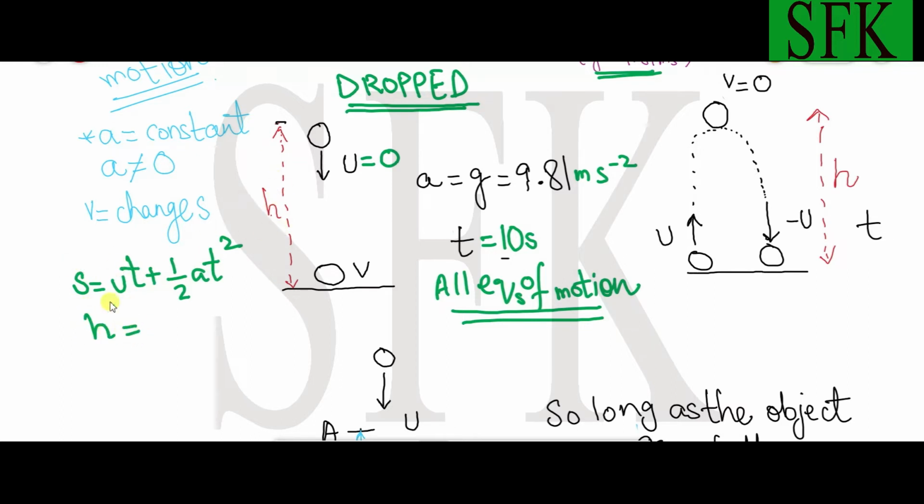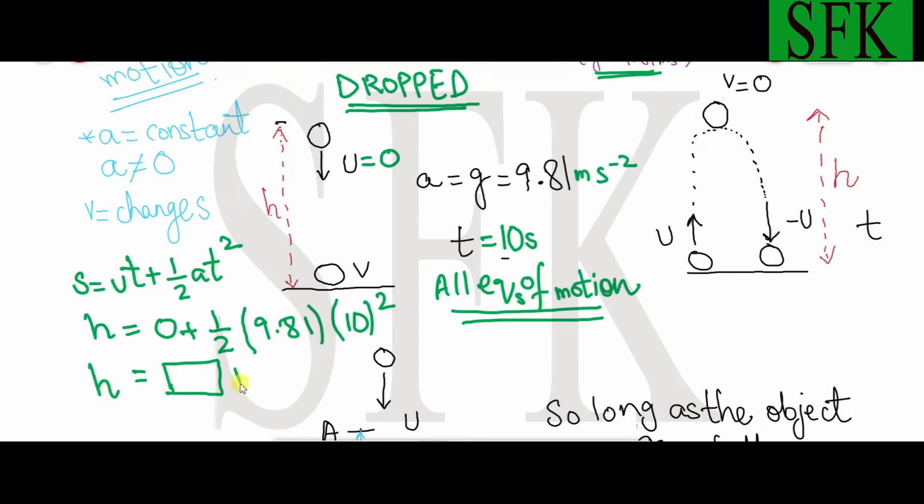So h = 0 + ½ × 9.81 × 10², where u is 0 so the first term becomes 0. The acceleration is positive because as the ball falls downward, its velocity increases. Whenever the velocity is increasing, the acceleration is positive. Whatever answer we get is going to be our height in meters.